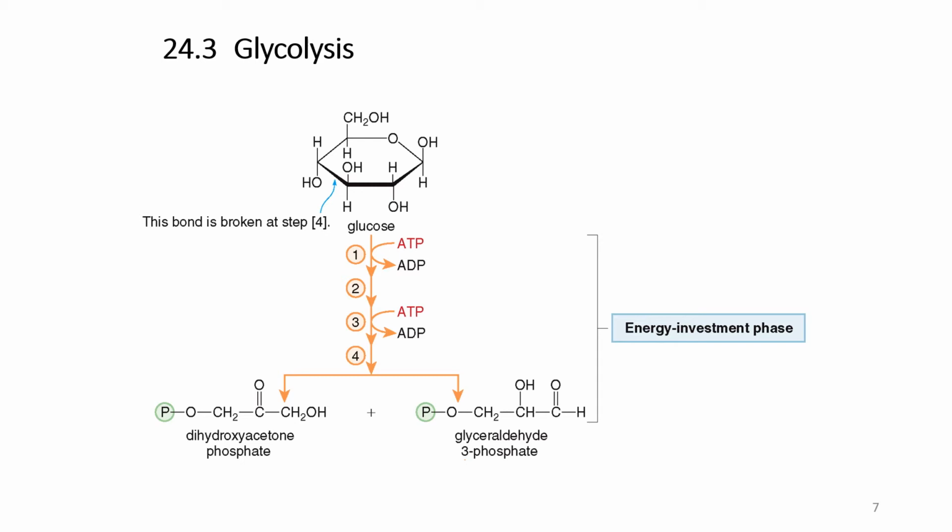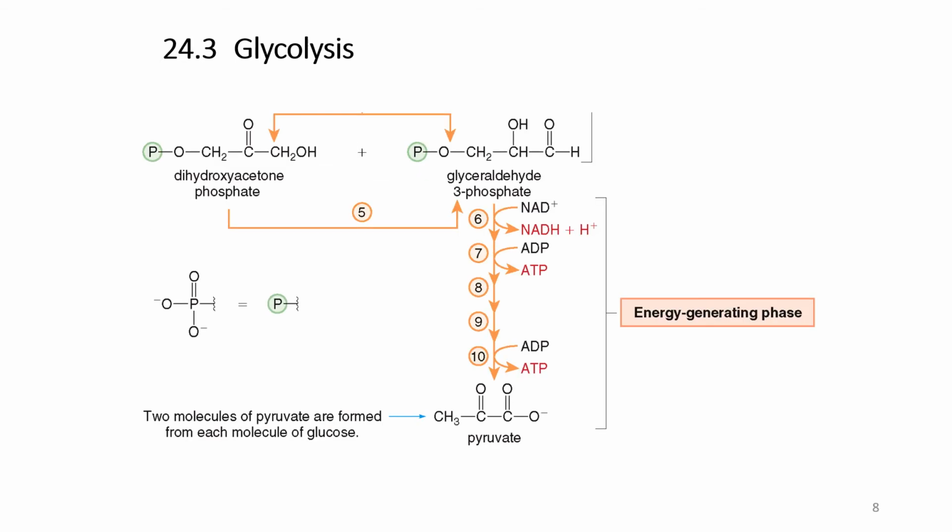And the products, the initial 3-carbon products, are dihydroxyacetone phosphate and glyceraldehyde 3-phosphate. This DHAP will get converted to glyceraldehyde 3-phosphate, and then they will both be treated the same way in the rest of the pathway, or the second phase.